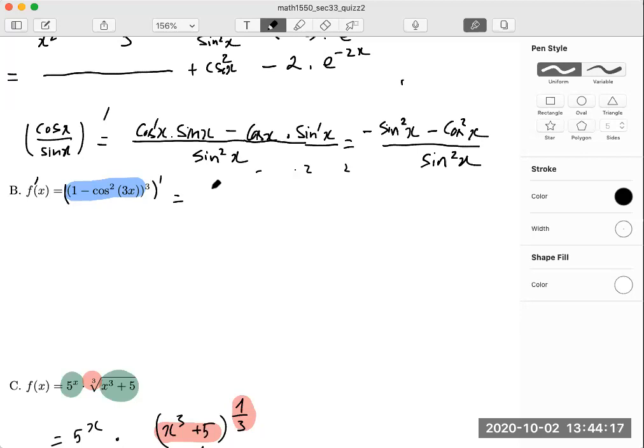Which will be, what is it? The power of this times this one, which means, very good. And multiplied with, perfect, the derivative of the inside.